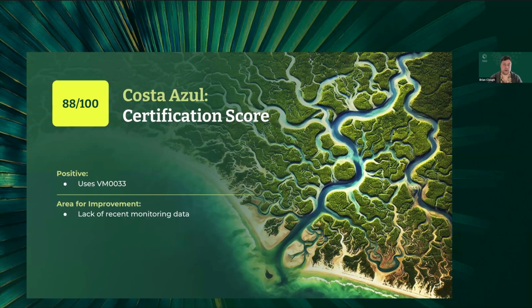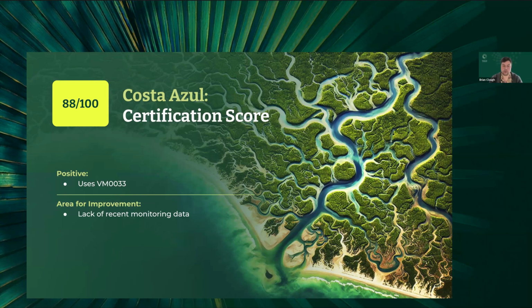Okay, great, thanks. Where certification is concerned, we have a somewhat lower, but still fairly high score of 88 out of 100. Generally still looking pretty good, mainly because this project does use a really well-founded and respected methodology for seagrass restoration projects, the VM33 methodology.